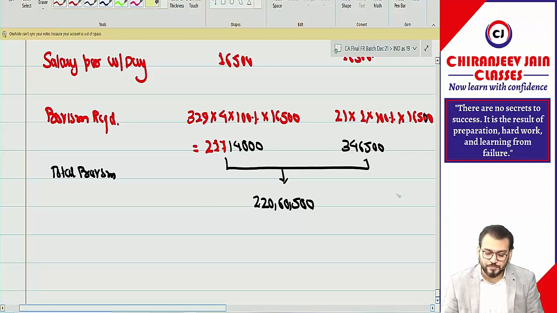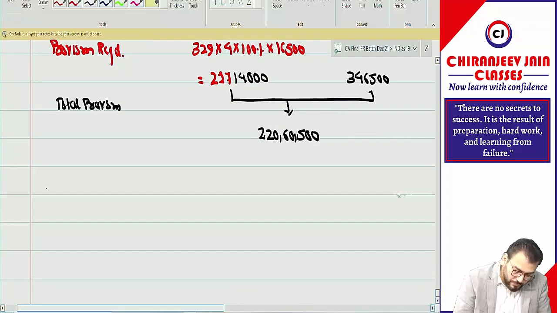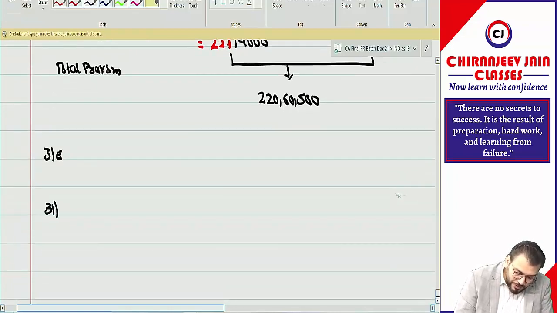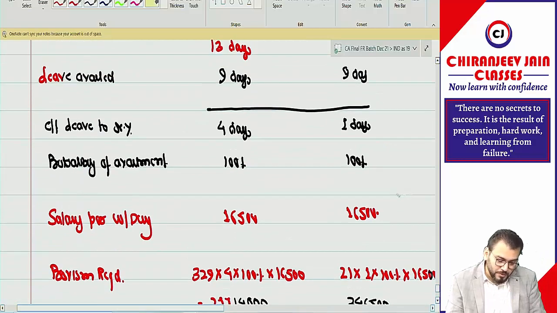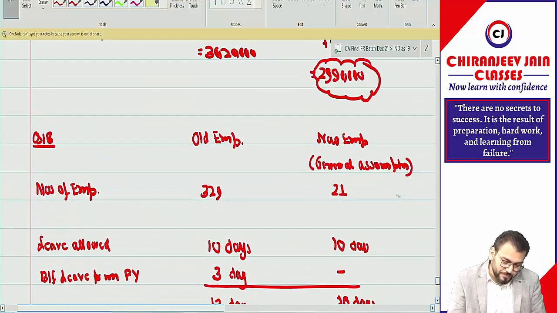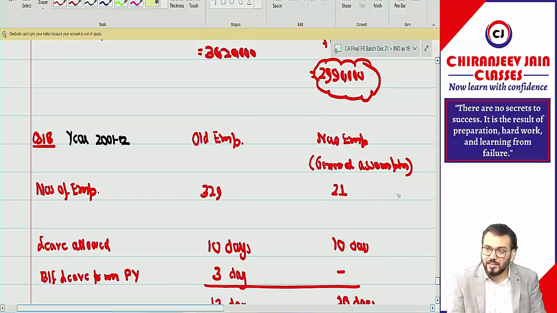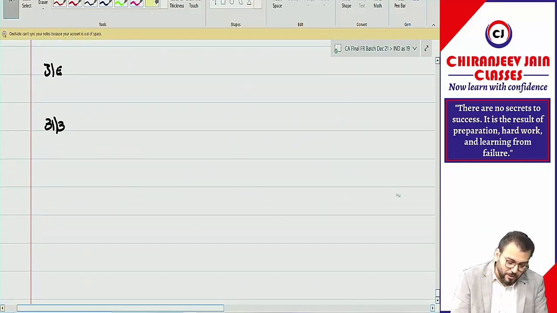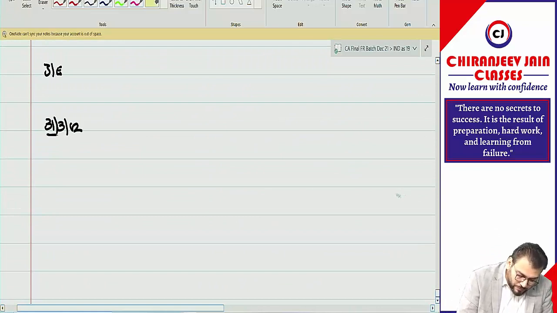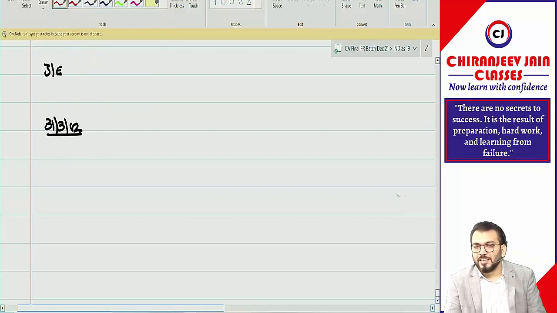Have you understood? What is the journal entry? We'll do the journal entry on 31st March. What is the current year? 2001-2002. This is the current year. So we'll do the journal entry on 31st March 2002. Correct? So we'll create the provision and reverse the provision of the previous year.